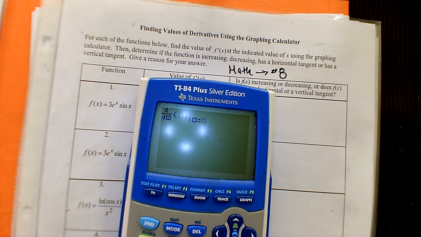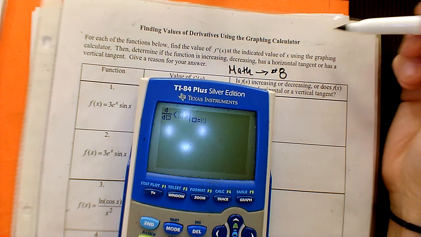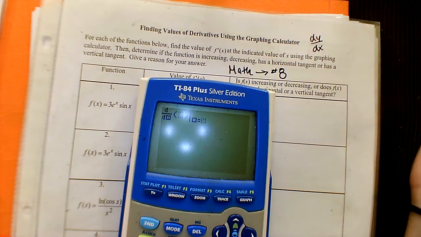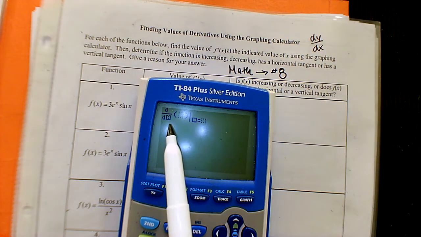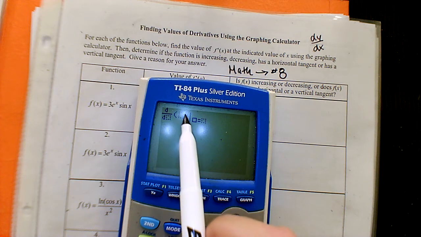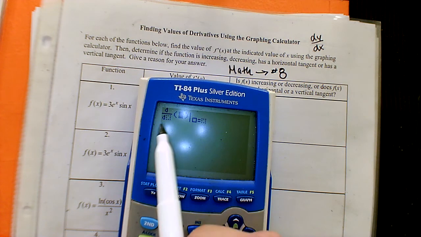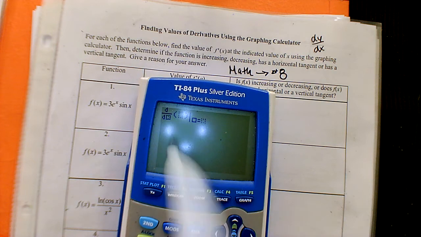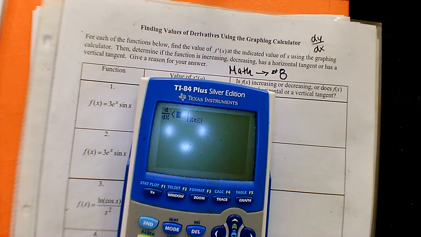Depending on your operating system, you may or may not have them. Does it look like that on your screen? Yeah? Okay. So what we're going to do is type in different values for these boxes. If one of our notations for derivative was dy over dx, what this notation is asking us to do is to find the derivative of this function with respect to x, which is just your independent variable. So the first box will forever and always be an x.